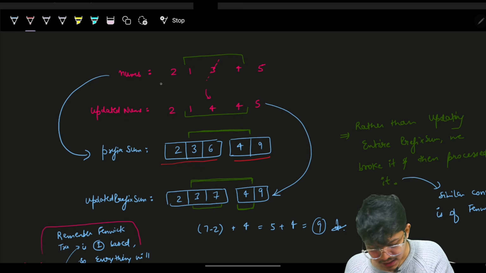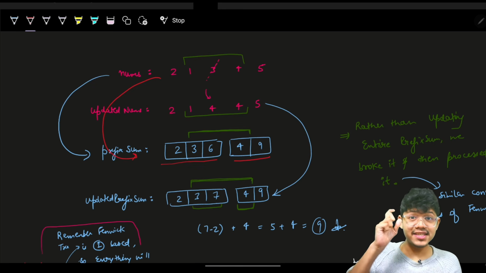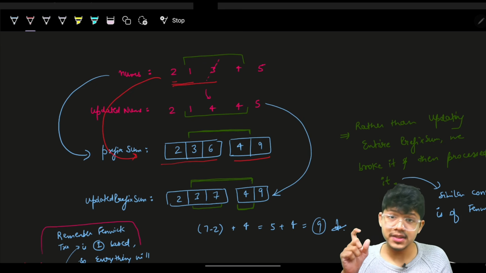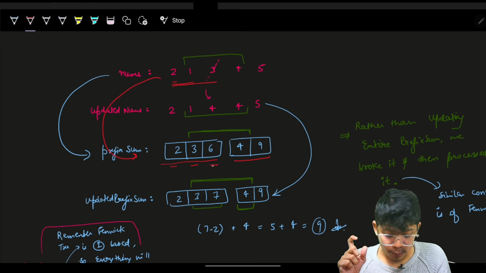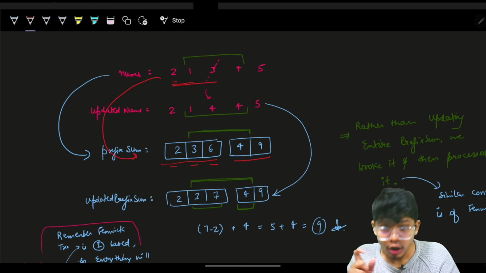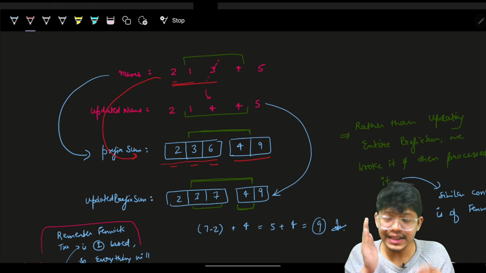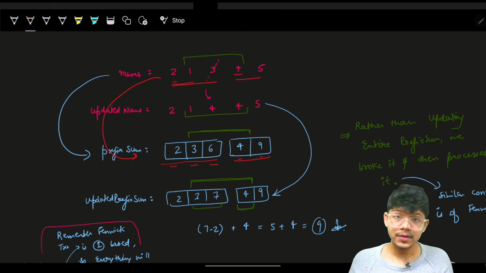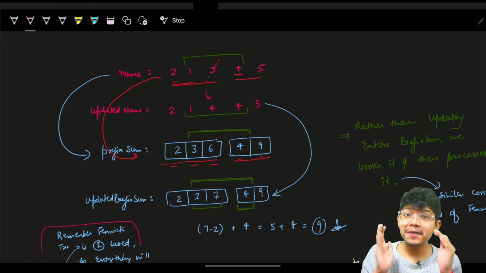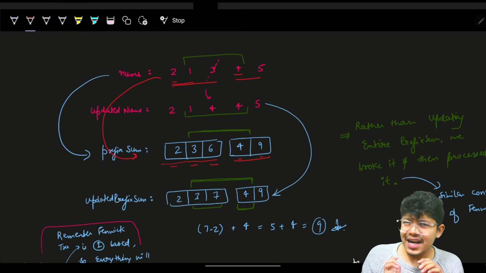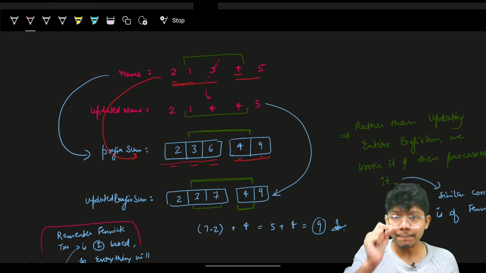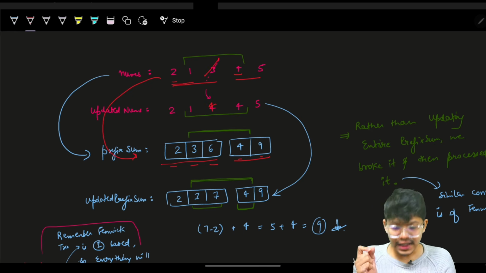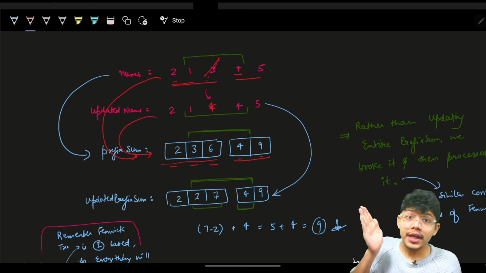So if I just plot the prefix sums of my existing elements, 2 plus 1, and 2 plus 1 plus 3, then 4 plus 5, 9. So you saw that I broke my prefix sum array itself. Why is it useful? It is useful because earlier when you were updating this 3 to a 4, you would have to update the entire prefix sum array.